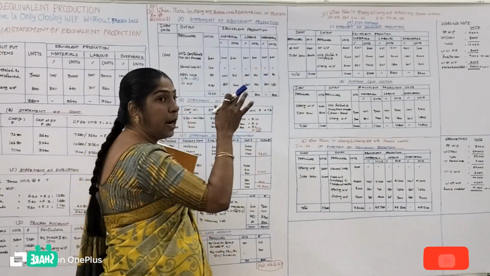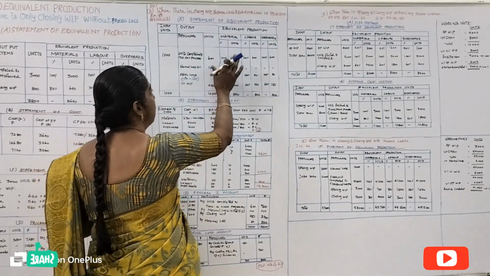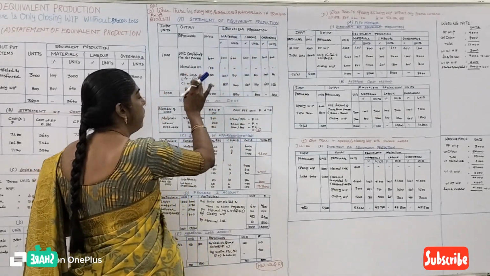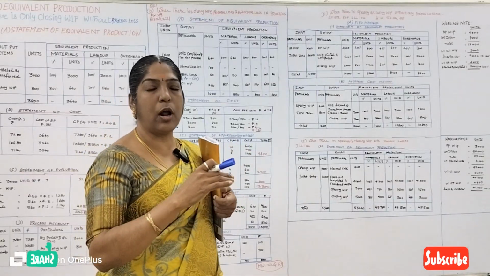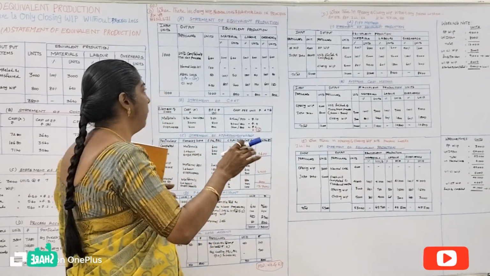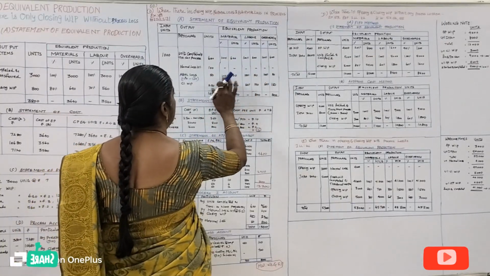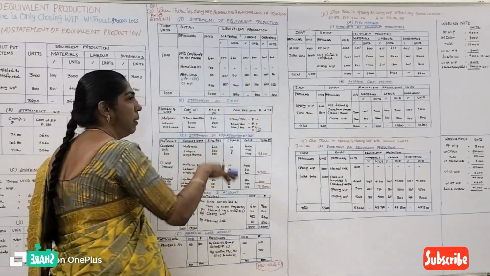That means 100% work done. So in equivalent production you always give the value for 100% degree of completion in each element. 50, 50, 50 units and 100 percent in the percentage column.